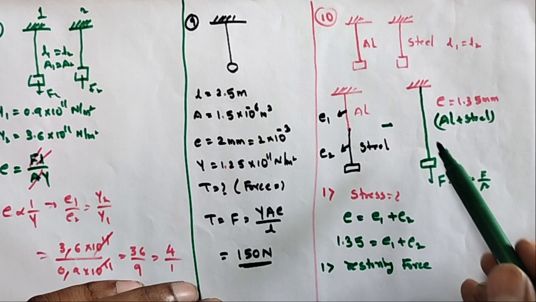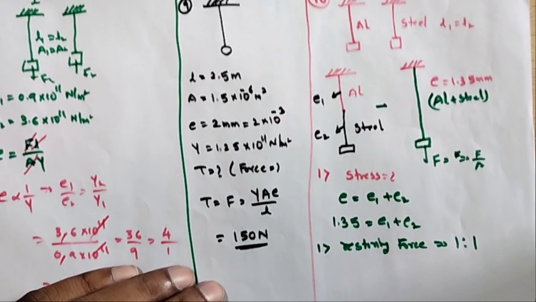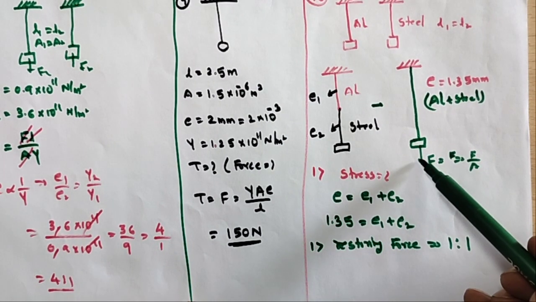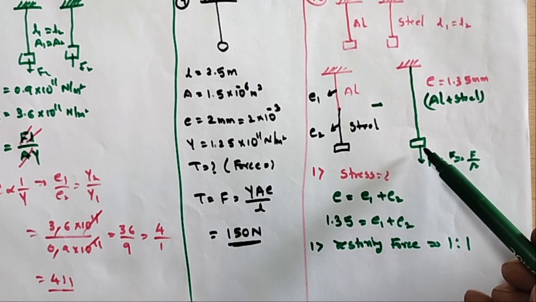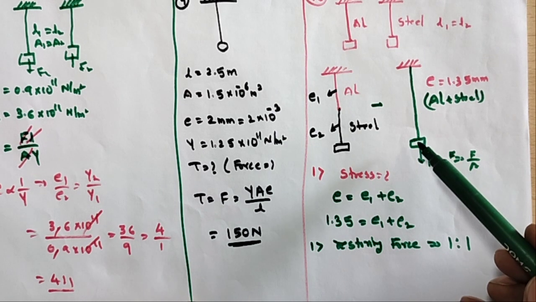So what is the ratio? The stress ratio is 1 is to 1. All of you understanding? What is the ratio of the stress? 1:1, because when the force is acting on the composite wire, the tensile stress is the same in both.